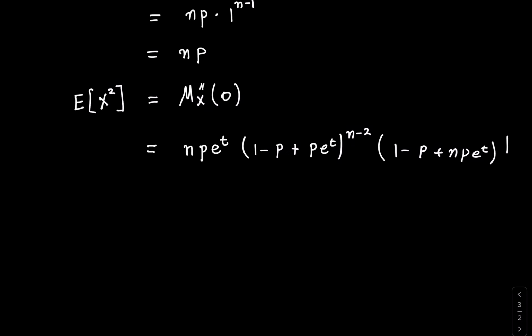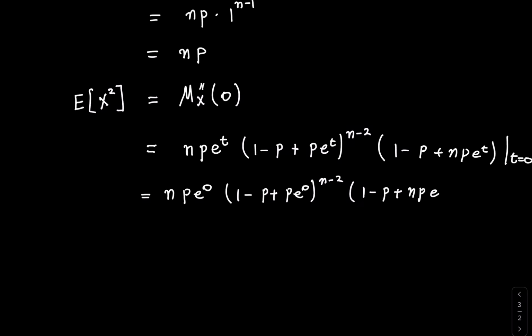So and don't forget, this is evaluated at t equals 0. So let's substitute that in now. n p e to the 0, 1 minus p plus p e to the 0 to the power of n minus 2. Then we've got 1 minus p plus n p e to the 0.